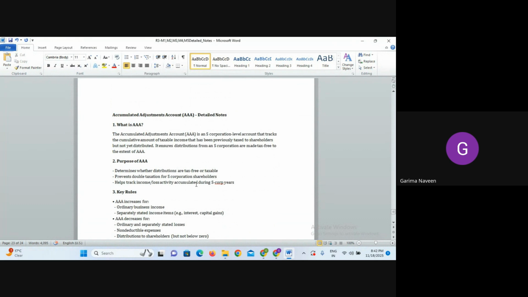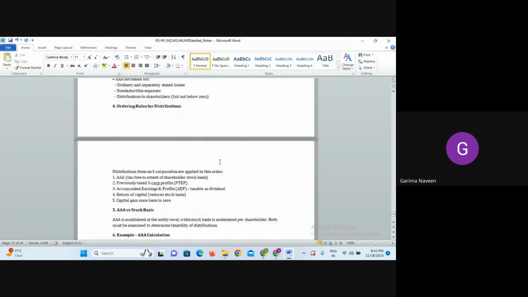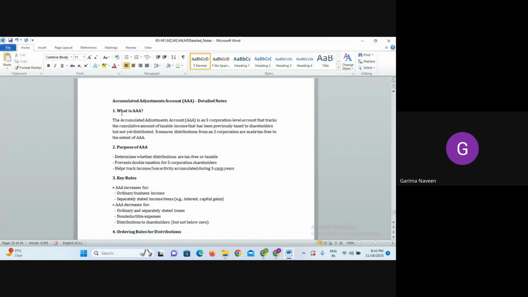Now talking about distributions from the S corporation. For the S corporation, you have some accounts, which are AAA, OAA, and AEP. What are these accounts? First is AAA, the accumulated adjustments account. It is an S corporation level account that tracks the cumulative amount of taxable income that has been previously taxed to the shareholders but not yet distributed.